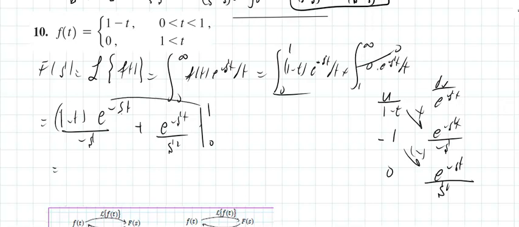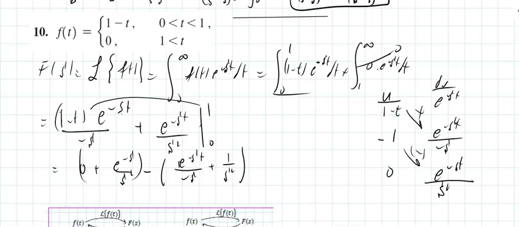And if you put 1 in, you'll get a 0 plus e to the negative s divided by s squared, minus, put a 0 in for t, that will be a 0, that will be 1, so that will be e to the negative st divided by negative s plus 1 over s squared.